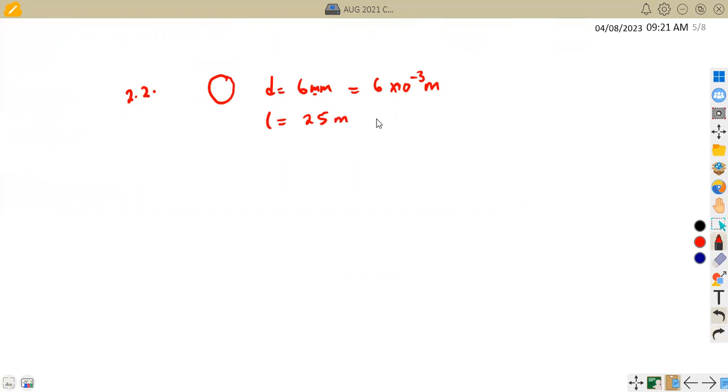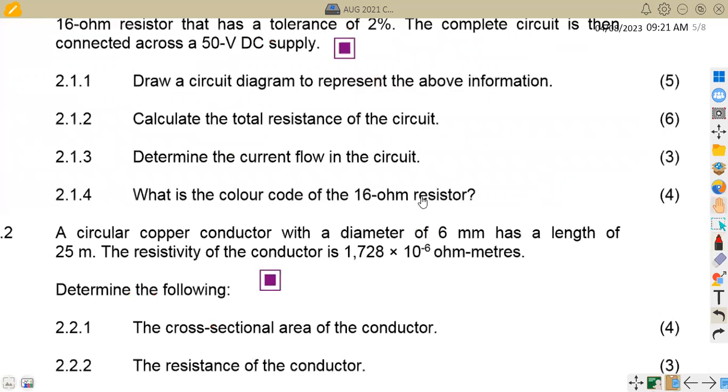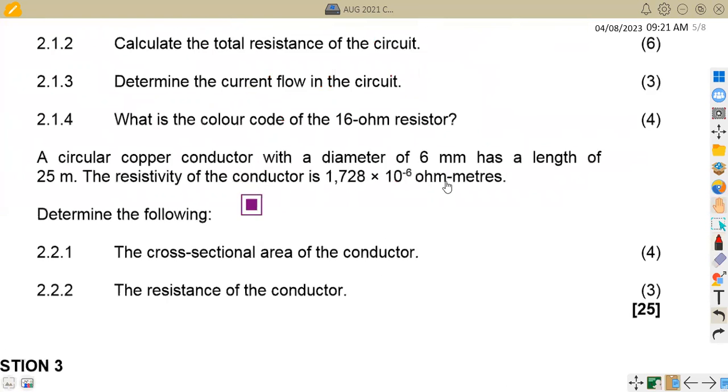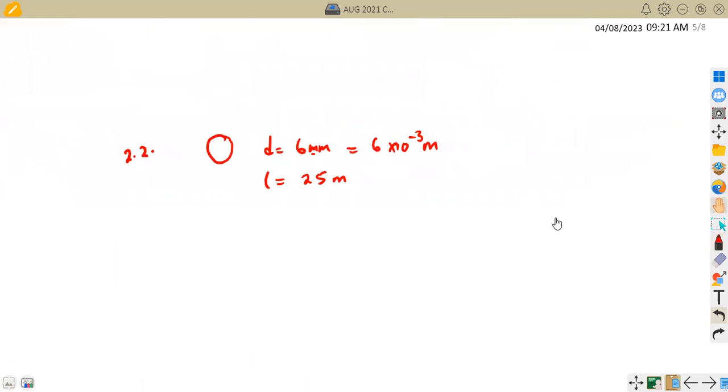We are also given the resistivity of the conductor, which is copper: 1.728 times 10 to the exponent of -6 ohm meter.